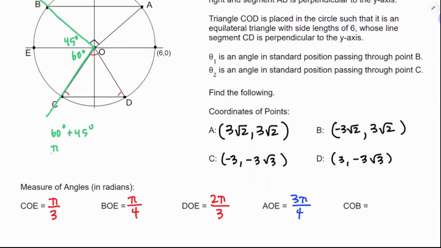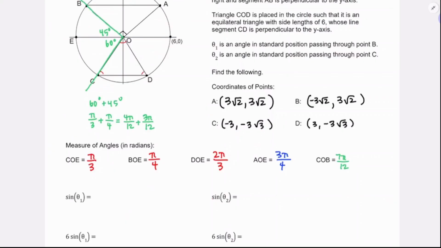So I'm going to say 60 is a pi over 3 angle, and 45 is a pi over 4 angle. And so I'm going to need to convert these to twelfths. So 4 pi over 12 plus 3 pi over 12, and that'll give me 7 pi divided by 12. Which is not an amount of radians we know a whole lot about, except that we can make it out of a 45-degree and a 60-degree angle.